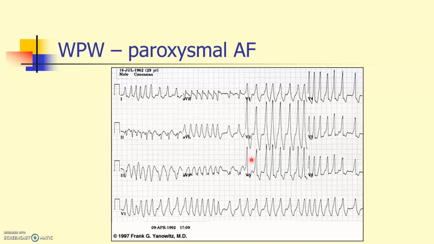It's broad because the irregular impulses are coming through the accessory bundle and therefore can't follow the normal pathways of repolarization provided by the ventricle.